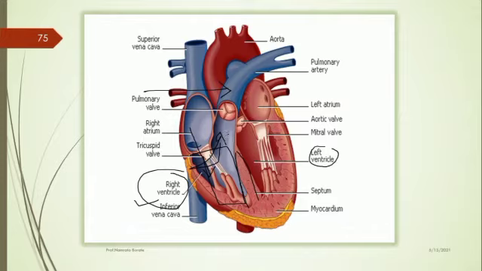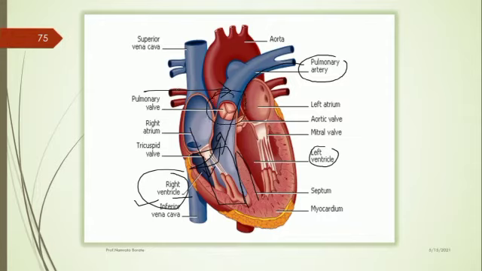As this pulmonary aorta arises from the right ventricle, it passes the deoxygenated blood towards the lungs via the pulmonary arteries for oxygenation.